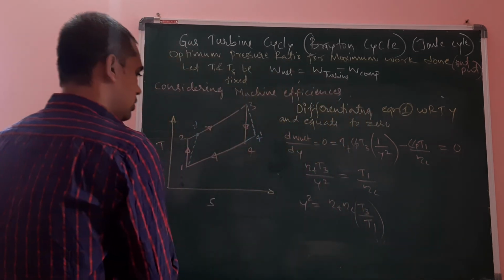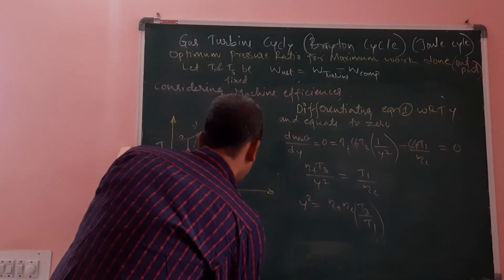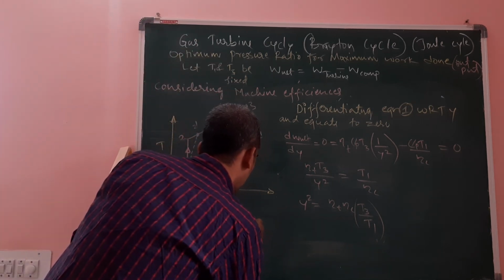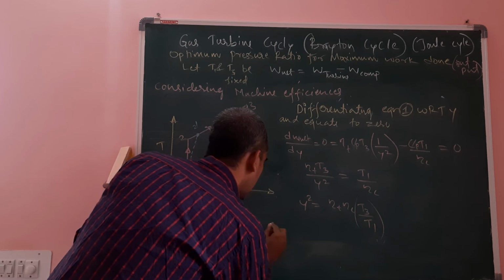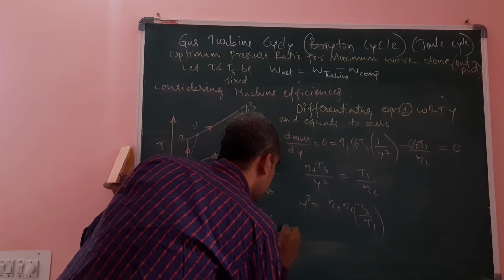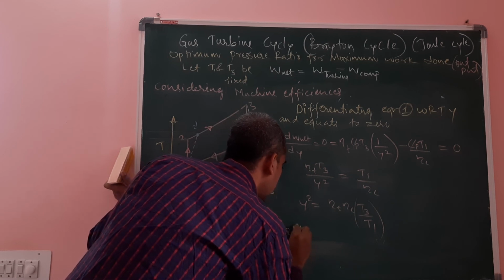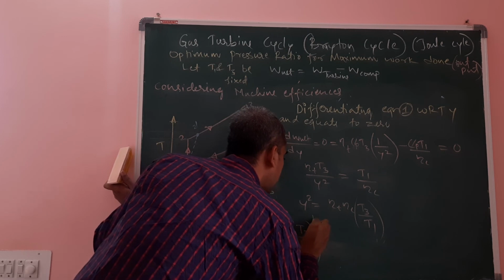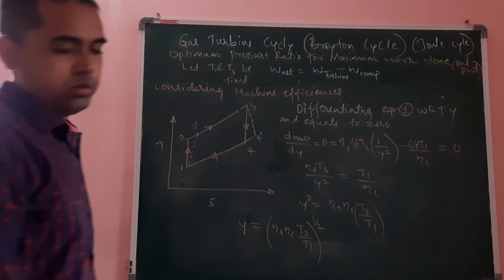Therefore, y is equal to eta t into eta c into T3 divided by T1, raised to 1 by 2.